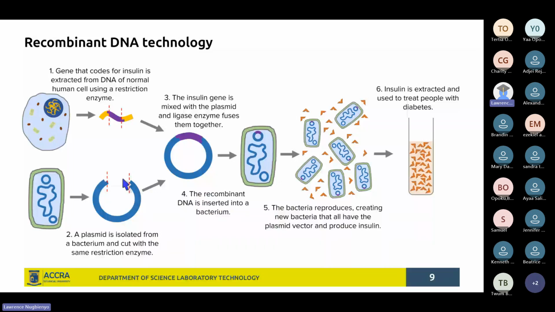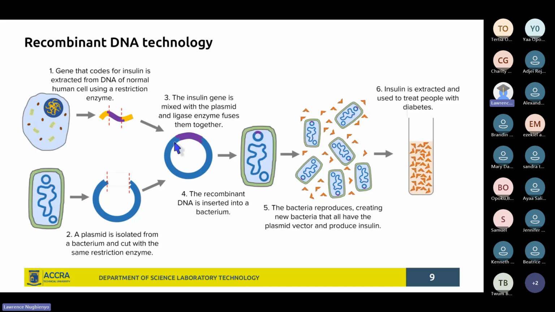And so you see that the genetic material or the plasmid which is produced is now a recombined DNA, recombined nucleic acid.